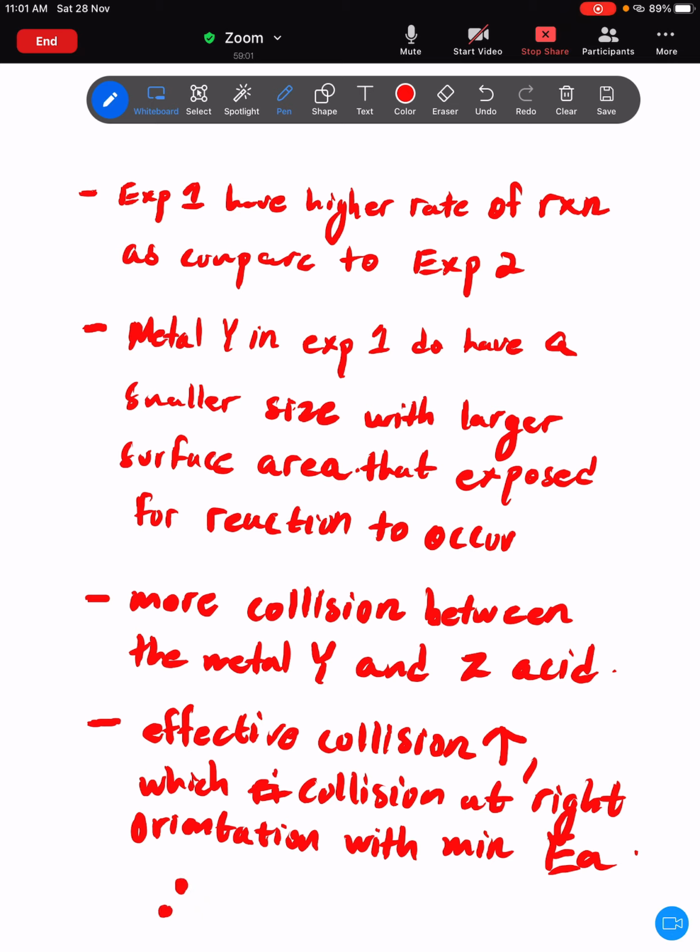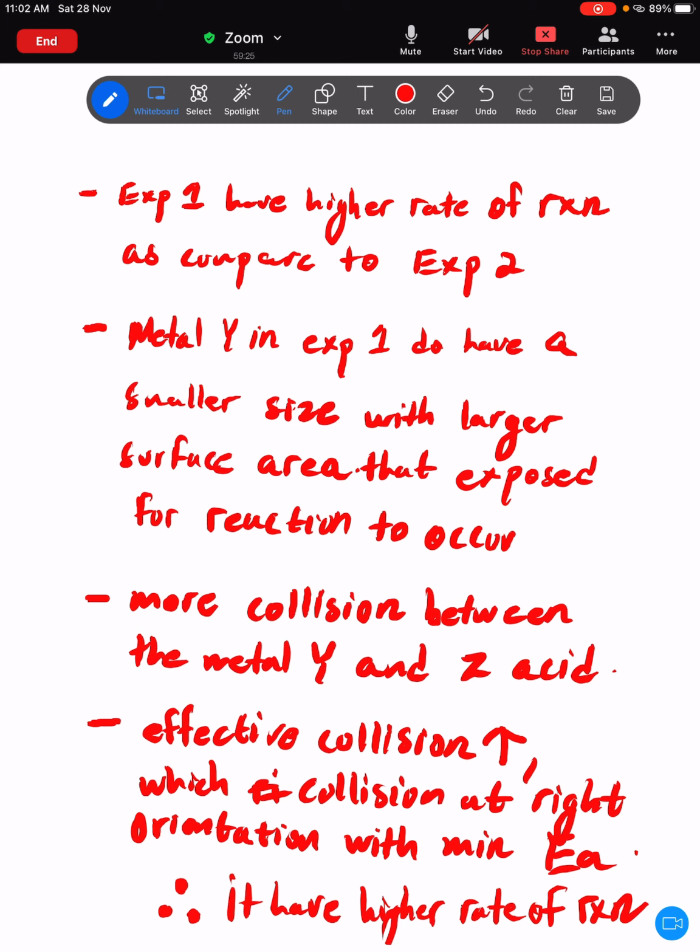Therefore, the final answer, it has a higher rate of reaction. Okay, ini semua 4 markah.